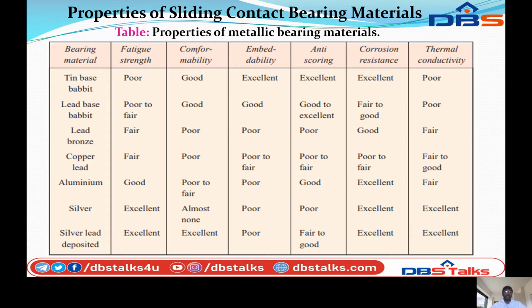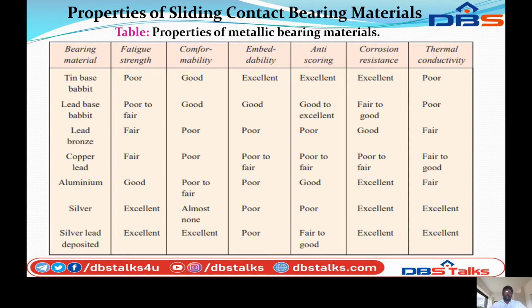Coming to the bearing material tin base Babbitt: the fatigue strength is poor, conformability is good, embeddability is excellent, anti-scoring is excellent, corrosion resistance is excellent, thermal conductivity is very poor.